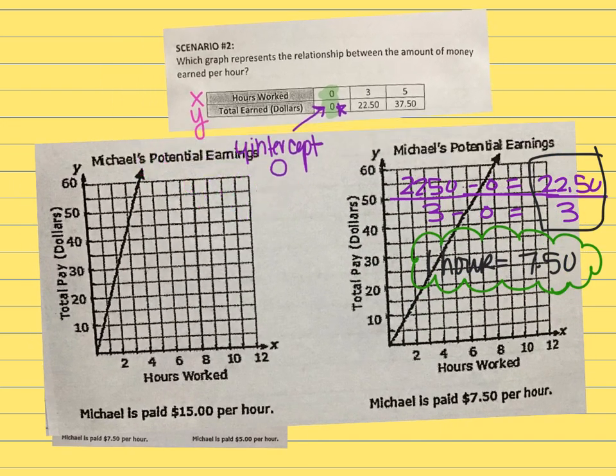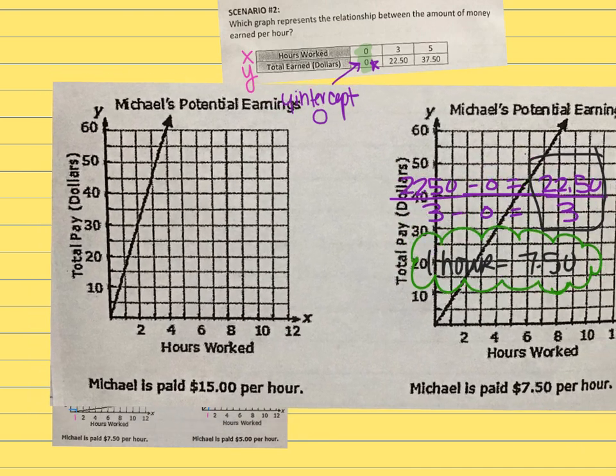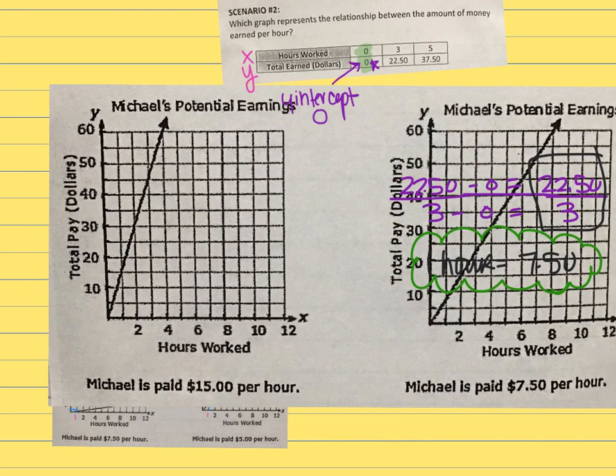If I open up the next graph, and I go to where the 1 is, and then I go straight up until I touch the line, and then I go sideways, between 10 and 20 is 15. So this is telling me that 1 hour equals $15. Okay, that's not what we want either.